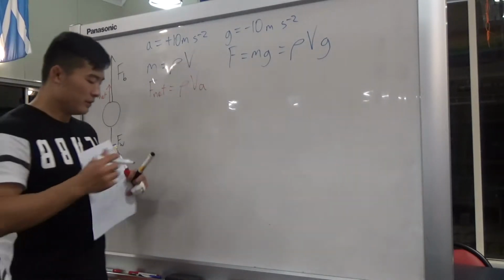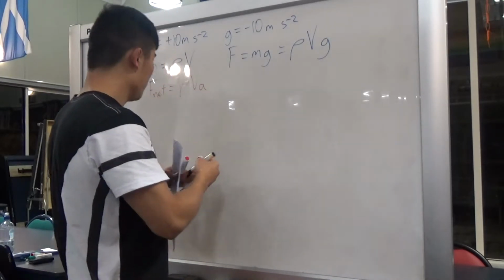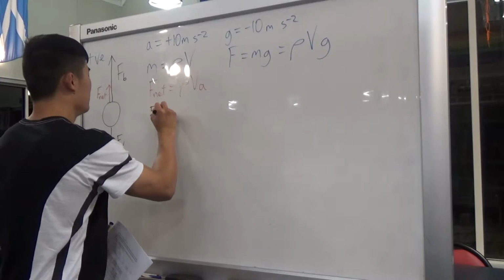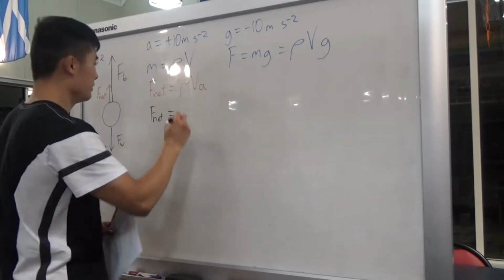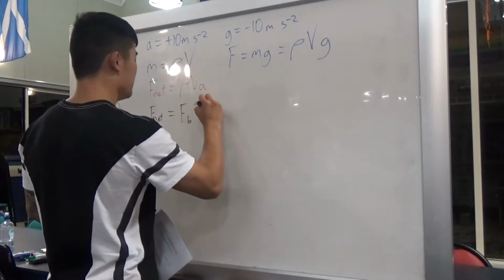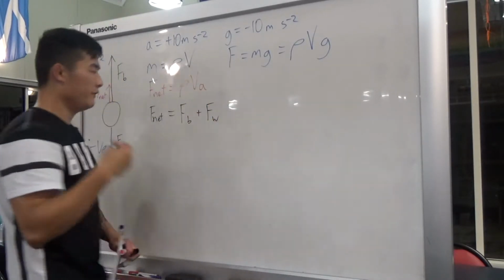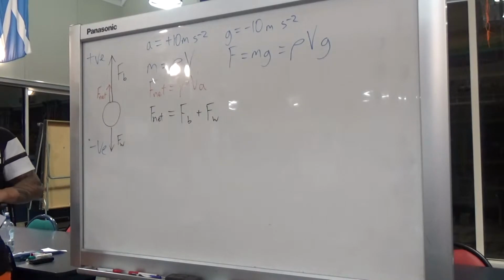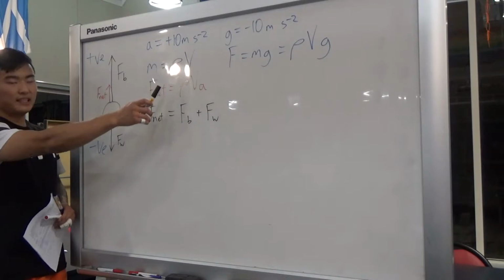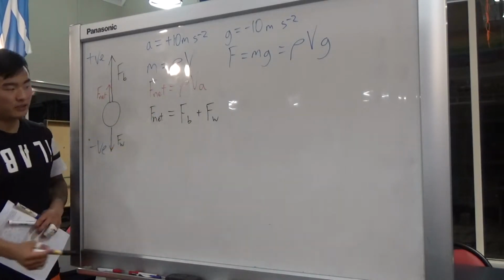And then we're going to say that the net force is equal to the buoyant force plus the weight force, okay? The buoyant force will be acting in an upwards direction, and the weight force will be acting in a downwards direction.